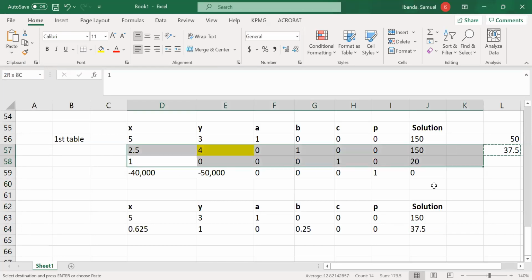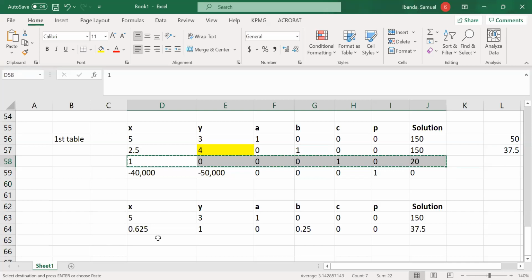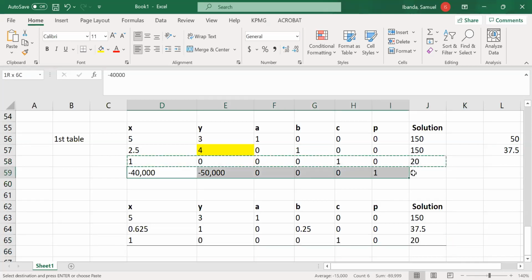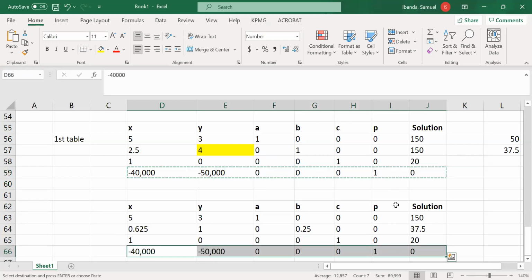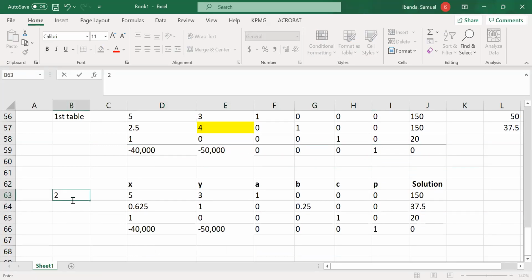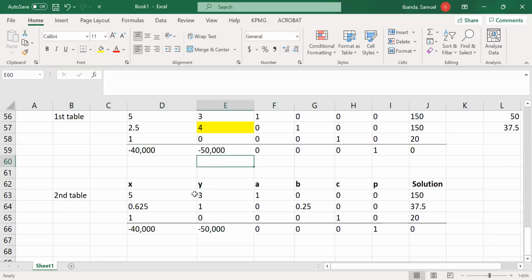So I'll keep this and put it the way it is. And remember, this one also remains the way it is there. So this is the second table. So the next thing I'm going to do is to make sure that since I already have this one as 0, well and good.